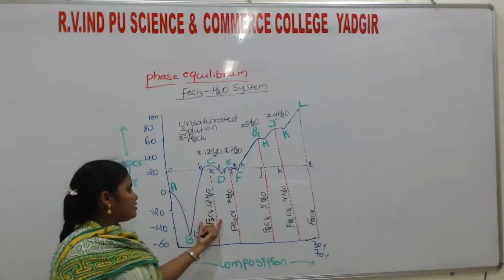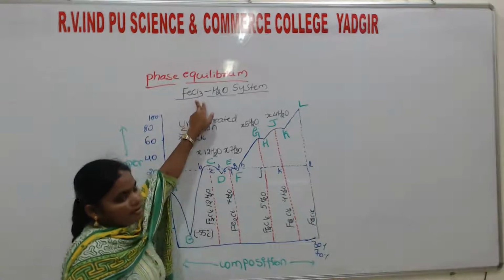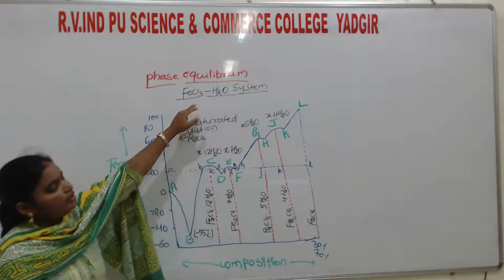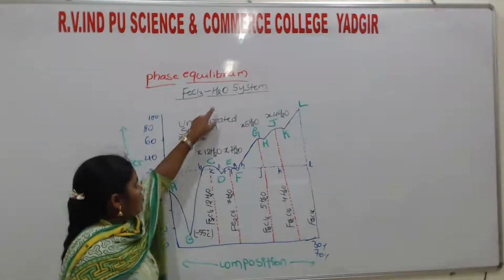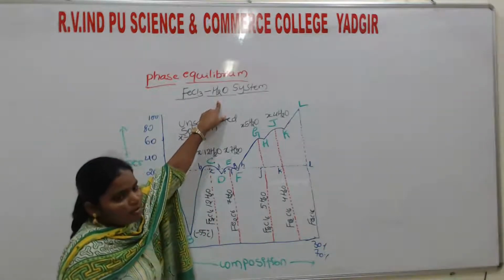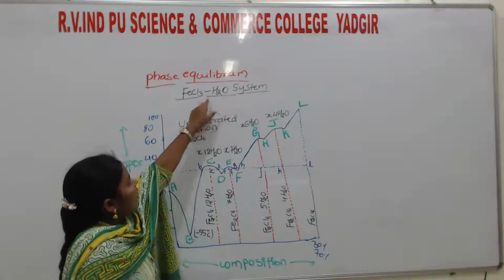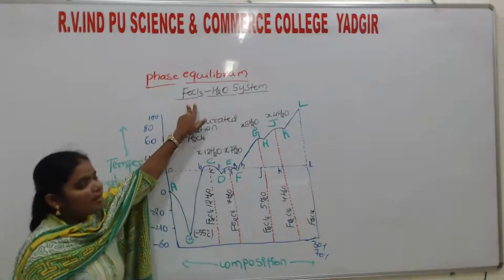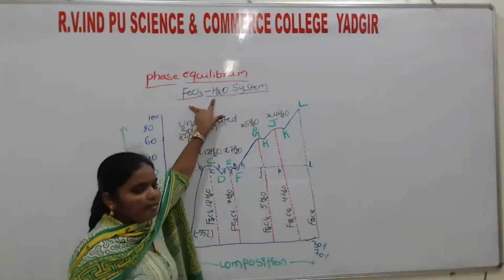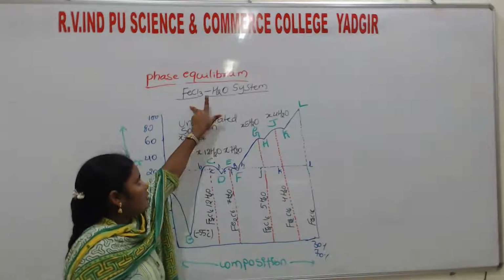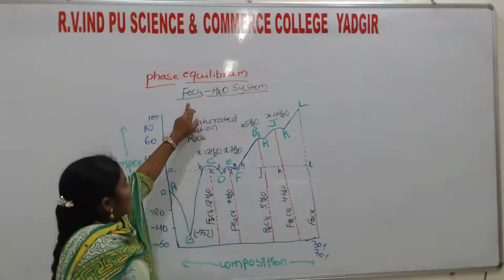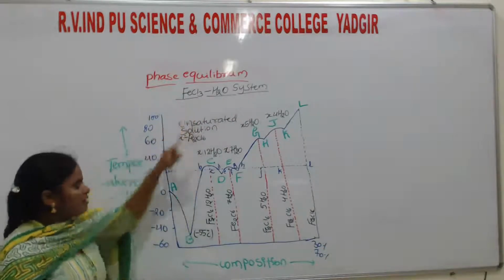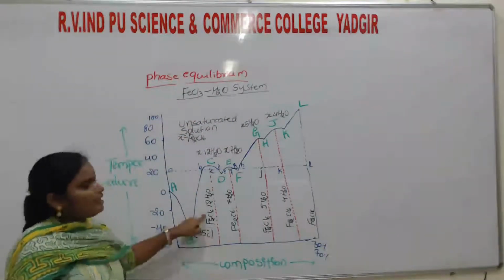Here I took FeCl3 as a double, because the water molecules would be in fractions, and I avoided the fractional values by taking double of ferric chloride, which is Fe2Cl6.